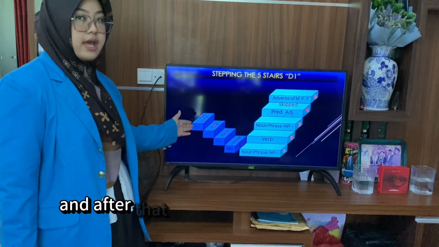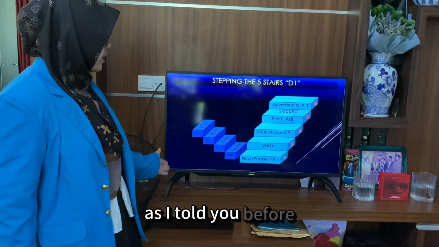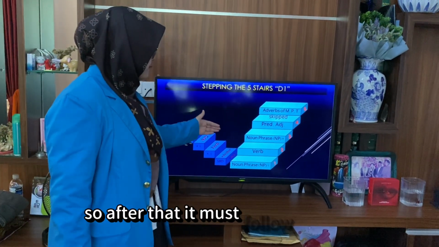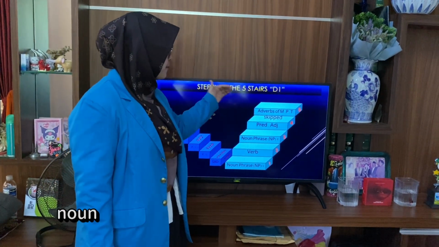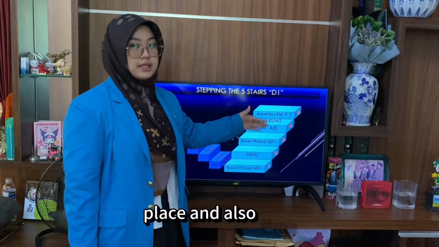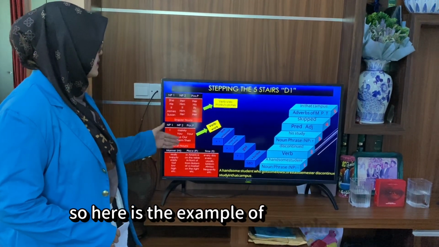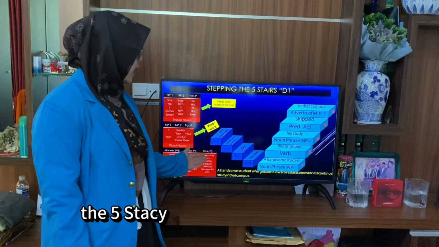And then after that, it must be followed by the main clause, as I told you before. So after that, it must be followed by verb, noun phrase 2, and also adverb of manner, place, and also time. So here is the example of stepping the 5 stairs D1.